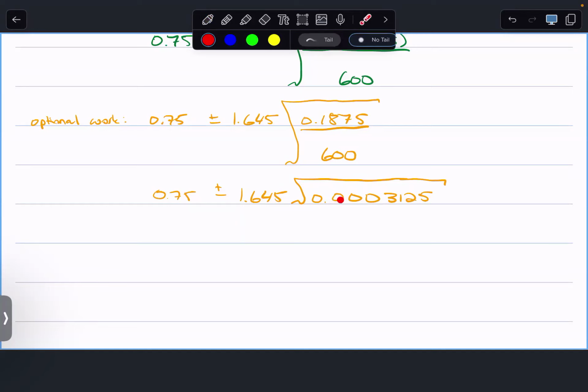Let me check. 3.125 times 10 to the negative 4 is what's showing up on my end. So just make sure. Then I take the square root of that little guy. So I get 0.75 plus minus 1.645 times 0.01767766953. No rounding.